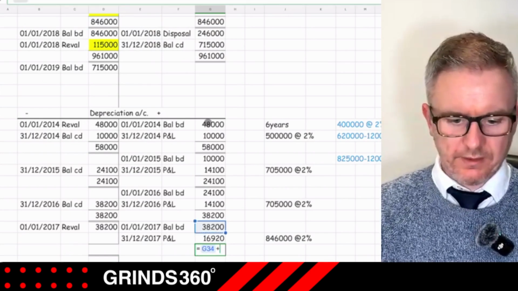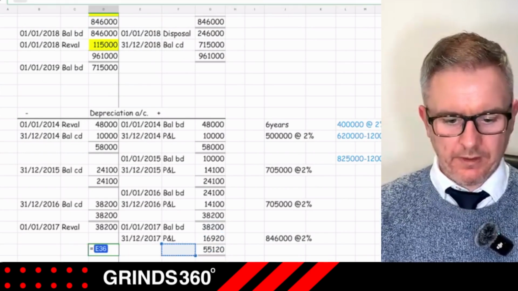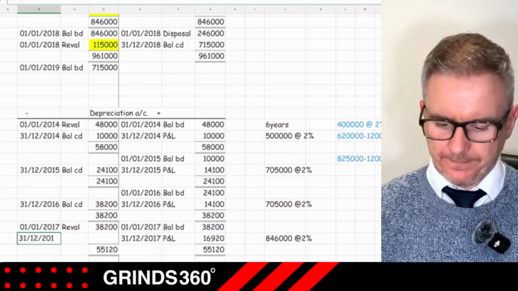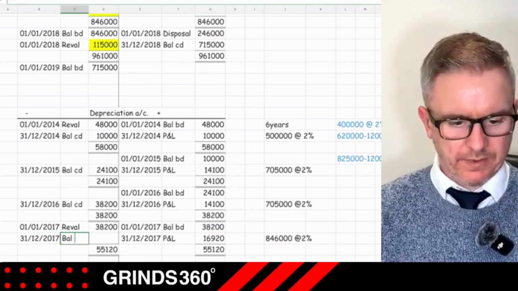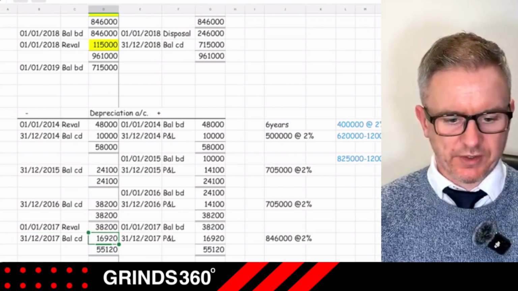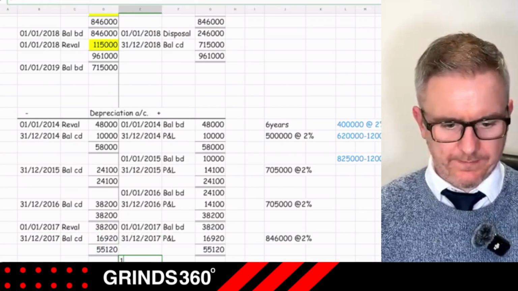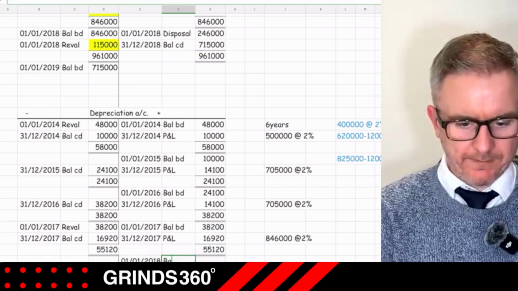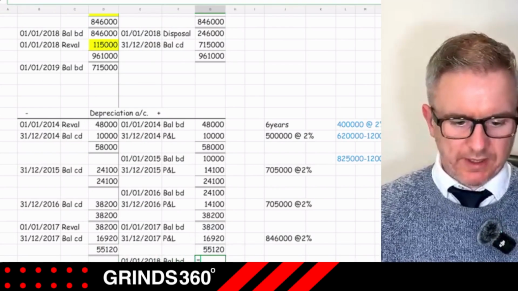So 38 and the 169. So when you get your balance at the very end of this year, the depreciation that has been charged is 16920. And you're ready to go into 2018 then. So you have a balance brought down, ready to start 2018.